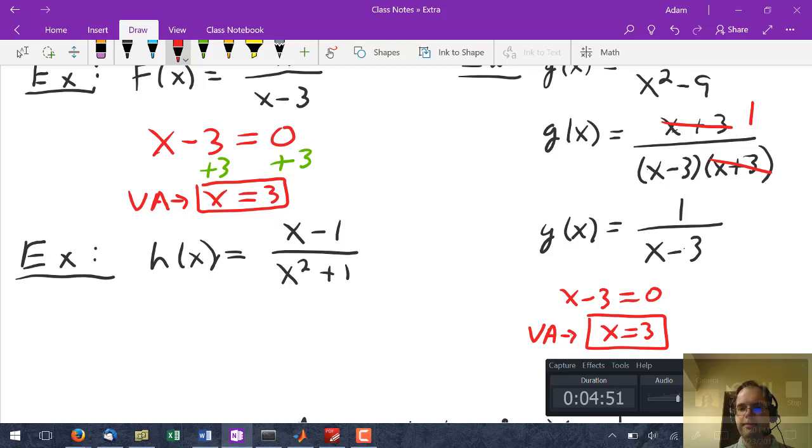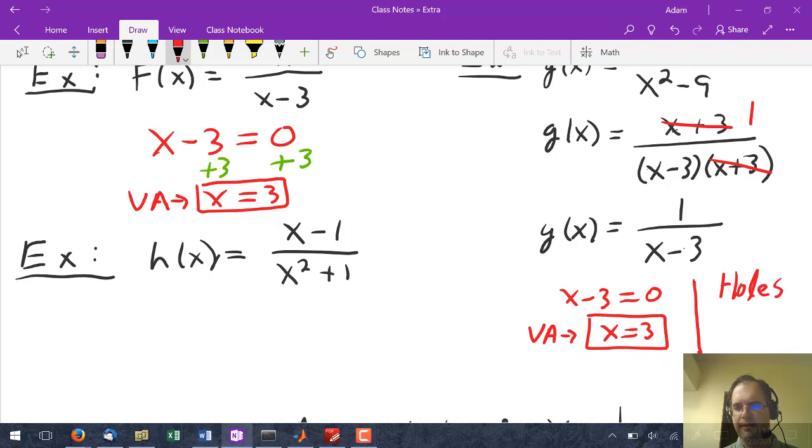In this situation, this is all you'd have to do if you just needed to find the vertical asymptotes. The homework, however, might ask a little bit more information. It might mention something about holes. Just as a side note here, if it does mention holes, what you're going to need to do is take that thing that you canceled.